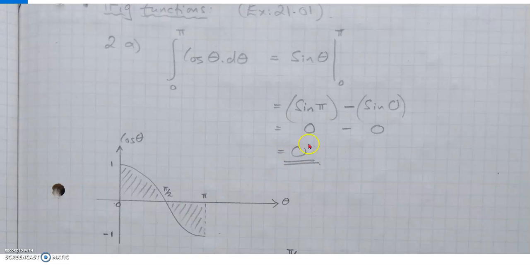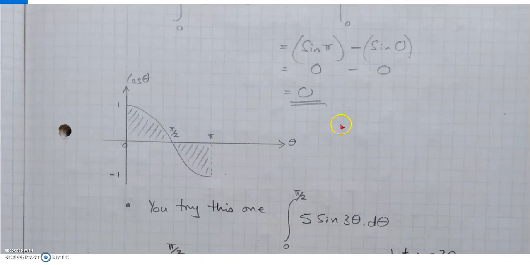They become 0. For example, if this was an area of positive 2, this would have an area of negative 2, and add them up, you get nothing. So that's why in this particular case, integrating between 0 and pi for cosine, you're going to get 0 as your answer for the area.